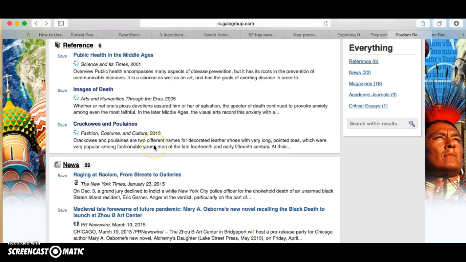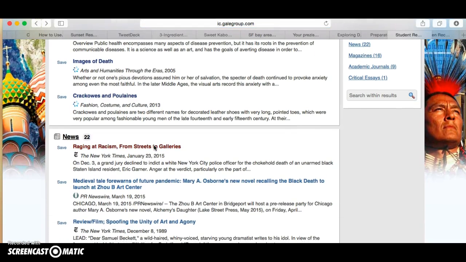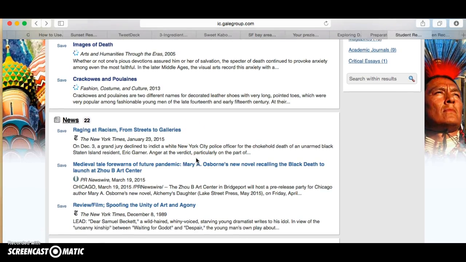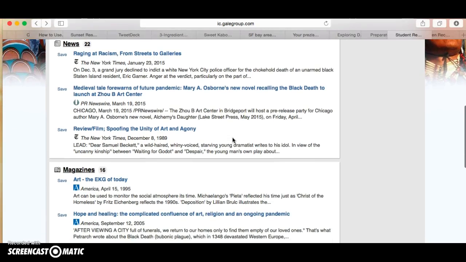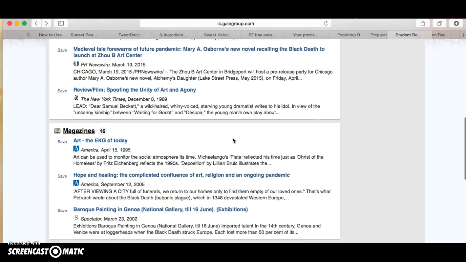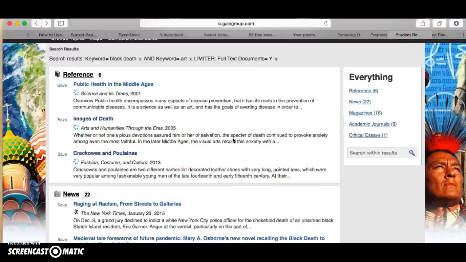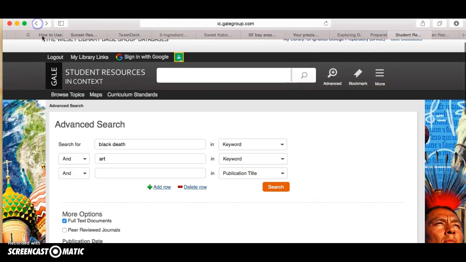Let's see what else we have. There are things that, this is clearly a different Black Death that we're talking about here. So we could make it more specific.